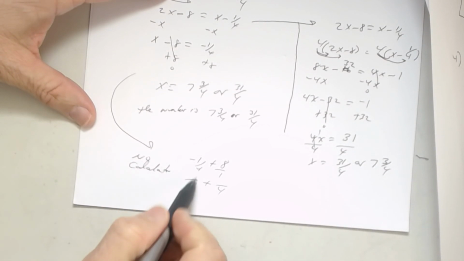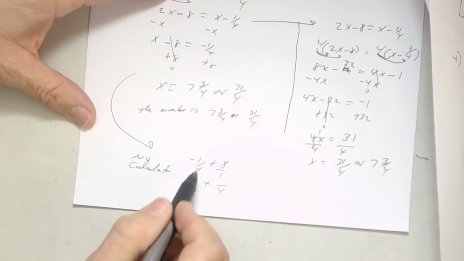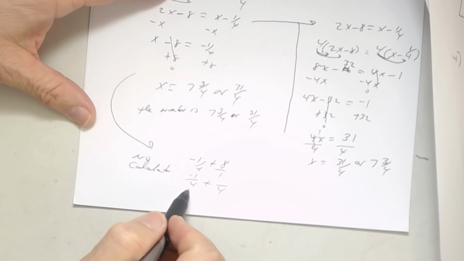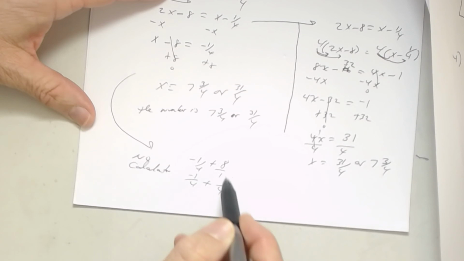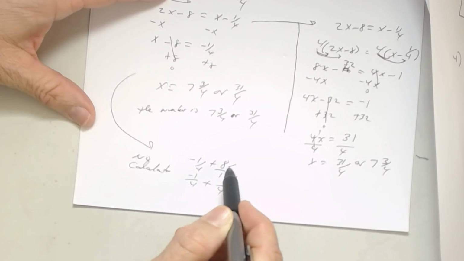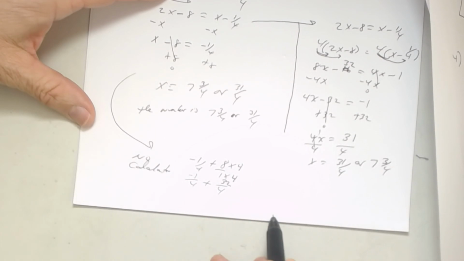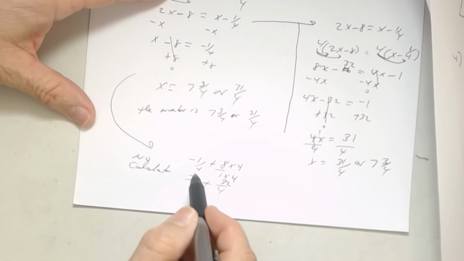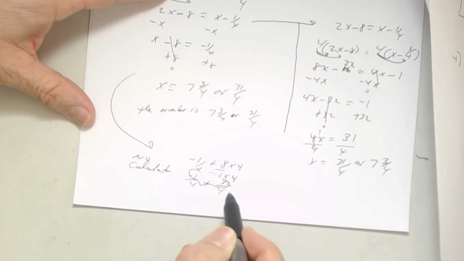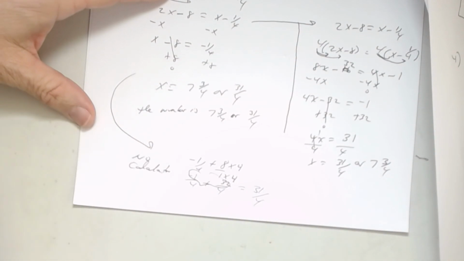Now these denominators are the same, meaning that the numerators have to be what? The same. So negative 1/4 is equivalent to itself. But here, I want to go from 1 to a 4, so I have to multiply this 1 by 4. What I do to the denominator, I do to the numerator. So this becomes a 32. 8 times 4 is 32. And what's negative 1 plus 32? Negative 31 over 4, which is what this was.